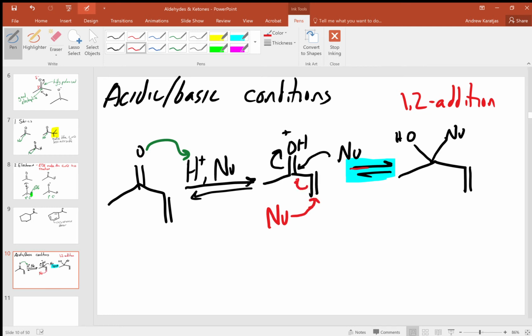Pi electrons move up and again make the alcohol. Which gives us a very different intermediate. Looks like that.